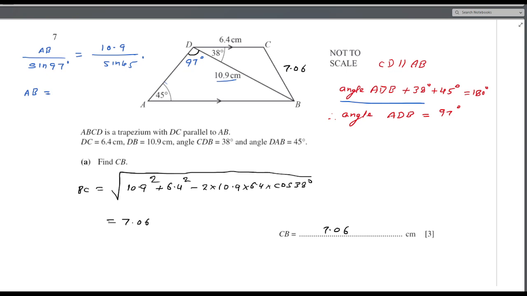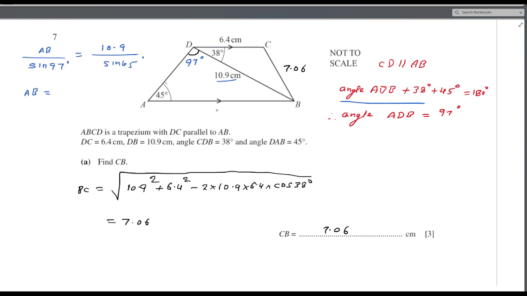Let me recalculate, I made some mistake. 10.9 divided by sine 45, which is 15.41, multiplied by sine 97. Okay, 15.3.